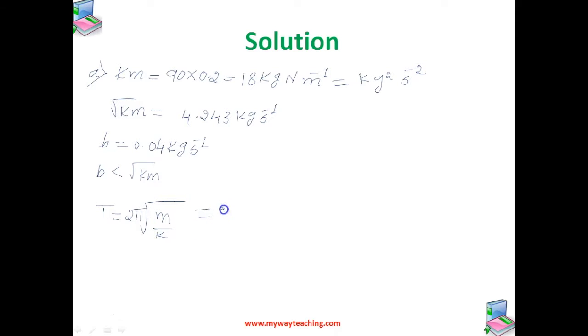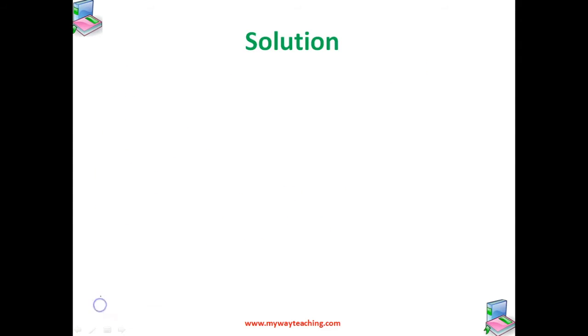And here we know the value of m and the value of k, that is 0.2 by 90 Newton per meter, which gives 0.3 second. Okay, this is the solution for the first part of the question.